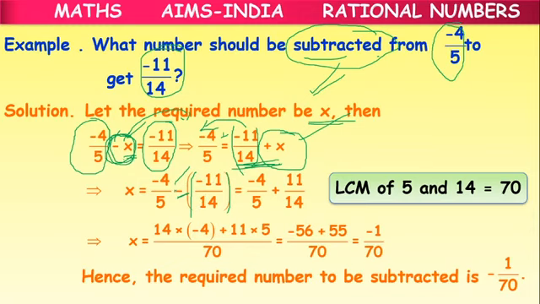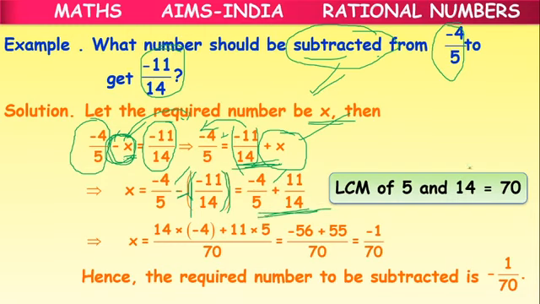So when we have minus before a bracket, what do we call it? Minus of minus 11 by 14. So minus into minus equals plus. So minus 4 by 5 plus 11 by 14.